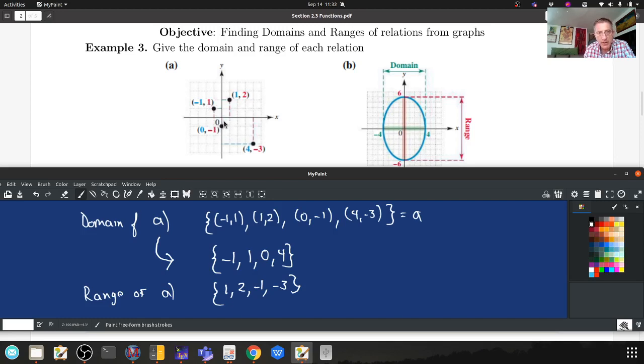Down here, I start at the x value at 0 and go down -1. Over here, I start at an x value of 1, 2, 3, 4, and then go down -3. And then you could just literally write out the relation and then extract the domain and the range.